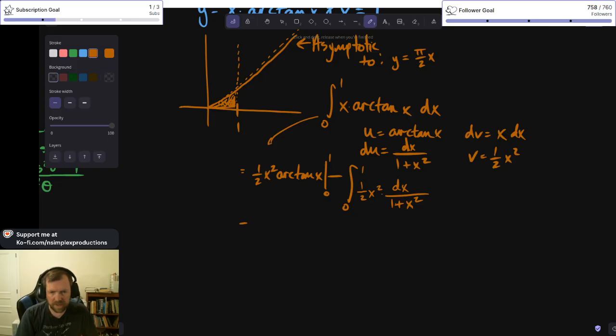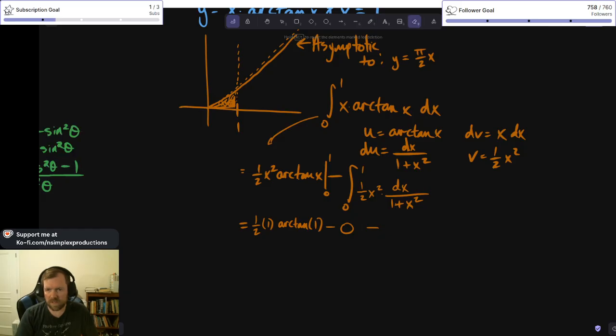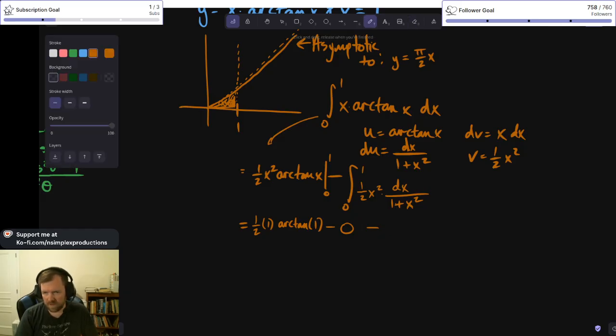This is fine. Right, this will be 1/2 times arctan of 1, which is a nice number, minus 0 for all the rest of it. And then minus 1/2 integral from 0 to 1 of x squared over 1 plus x squared dx.